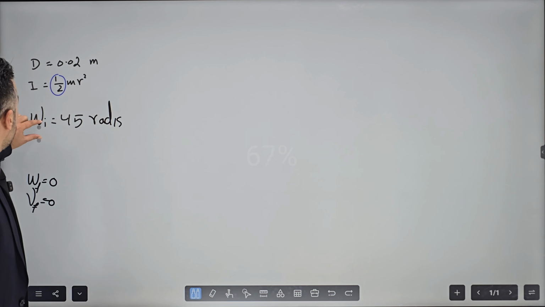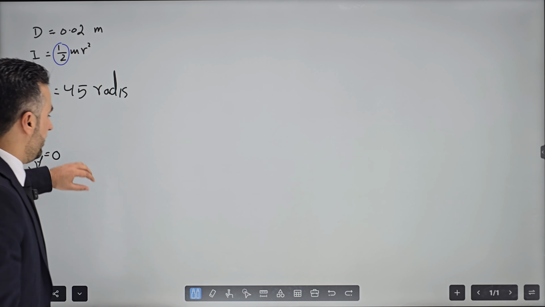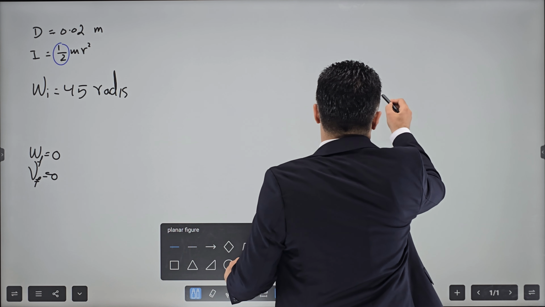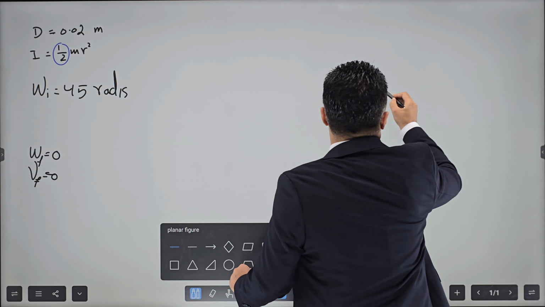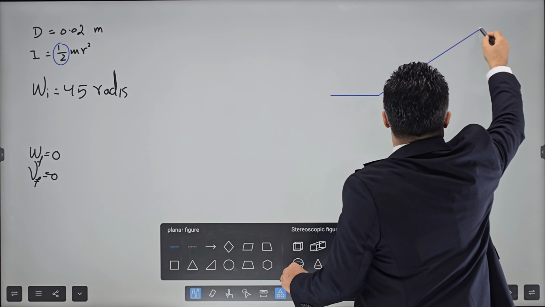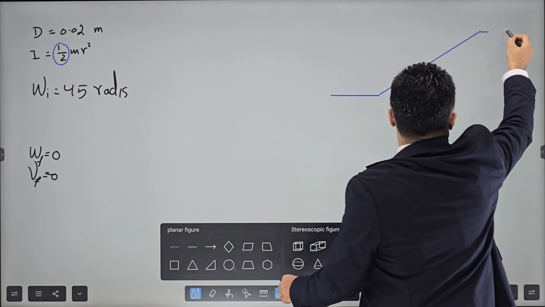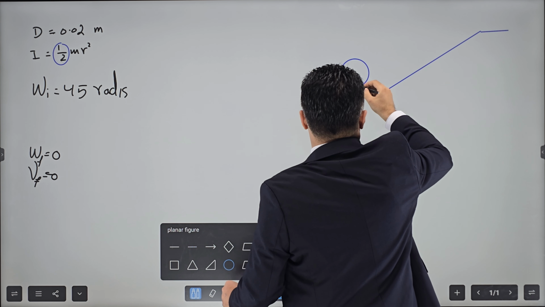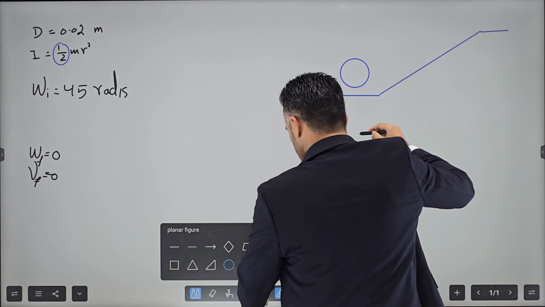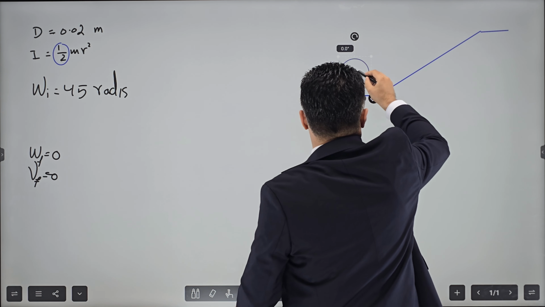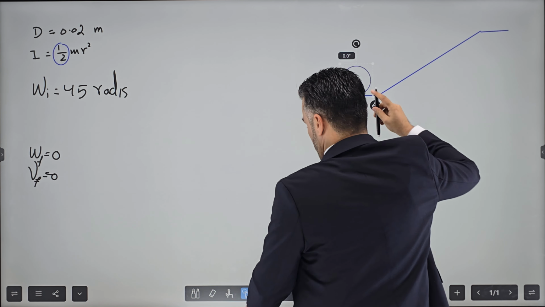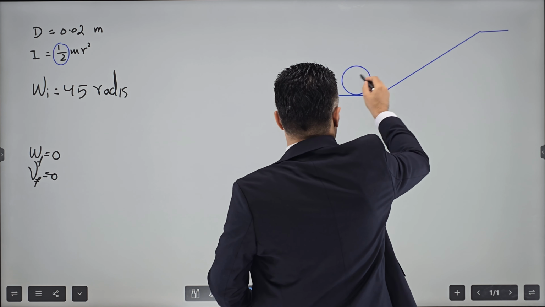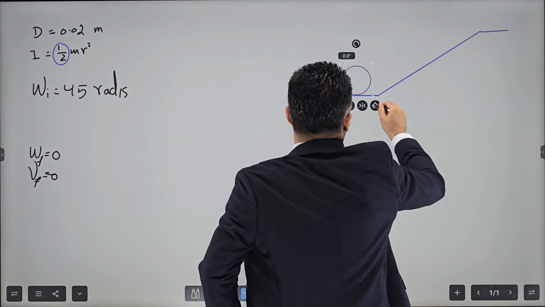First, let's draw the diagram, see what exactly this one is. So here's an incline. There is a coin here. This coin is going to roll up this time here. And we want to know how high will it roll up. How much is it going to move upward here? Let's do that one more time.